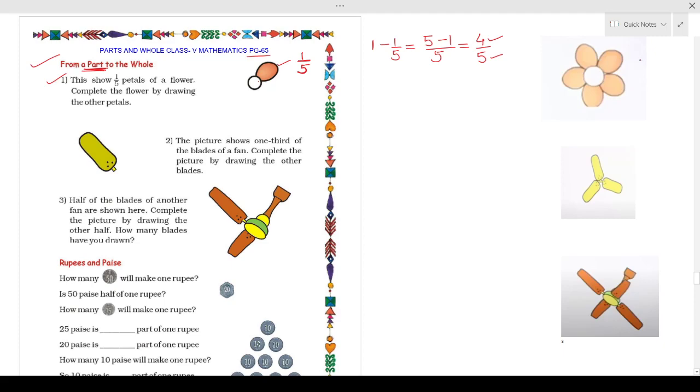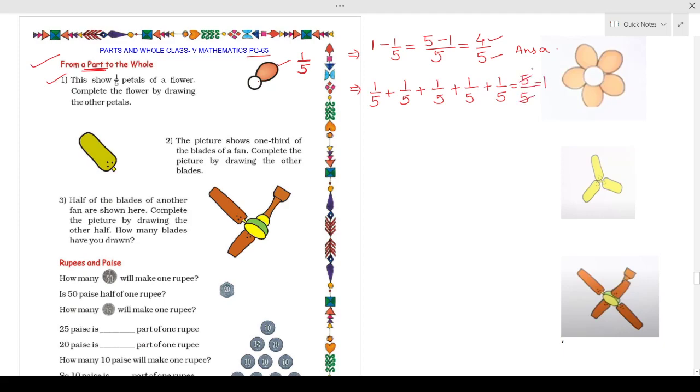So here you can see I have drawn 4 more petals, and this is the answer of A part. Okay, and one more way to understand this thing, if you will add 1 by 5 five times, what will you get? You will be getting 1 whole. Okay, so you can see here I have written, and here your answer will be 1 whole.